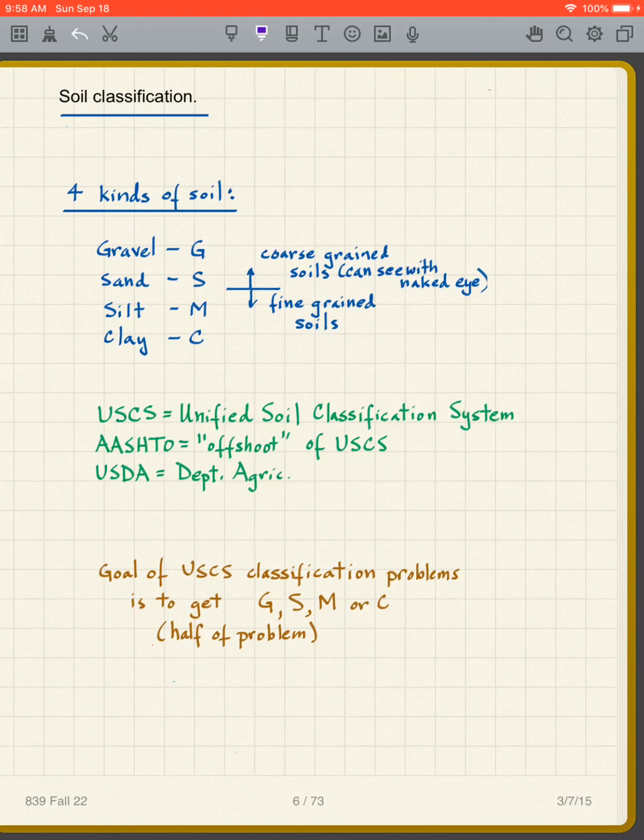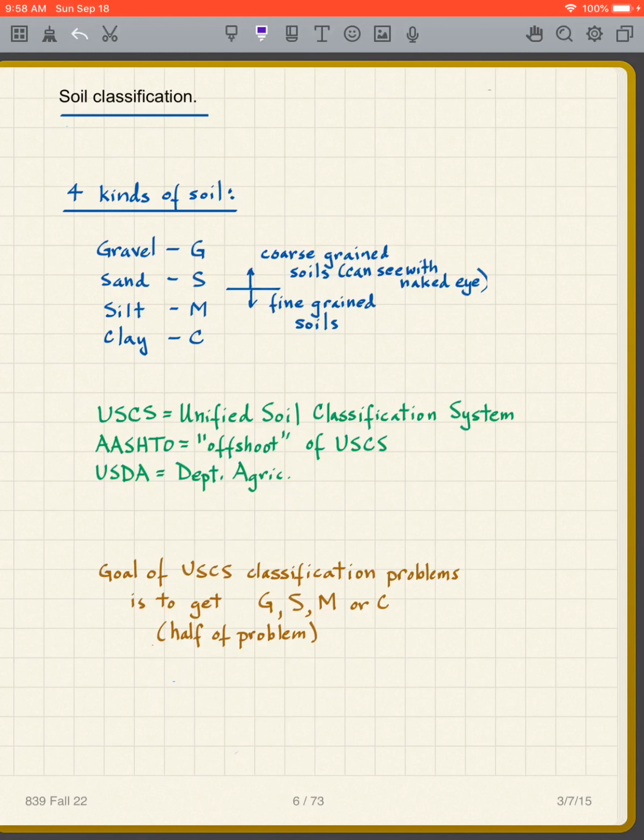Now, this is new, just to comment. What you've learned previously in our soil mechanics class is the Unified Soil Classification System, but there are other classification systems that can be on the exam. There's the AASHTO, which is sort of an offshoot of the USCS, and then there's the USDA, Department of Agriculture.